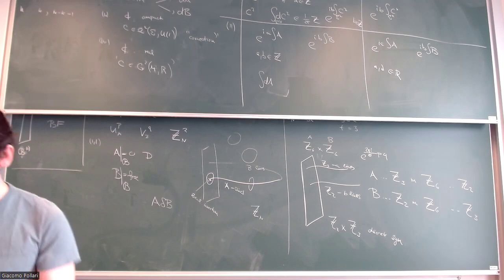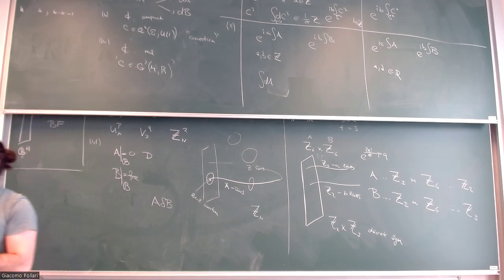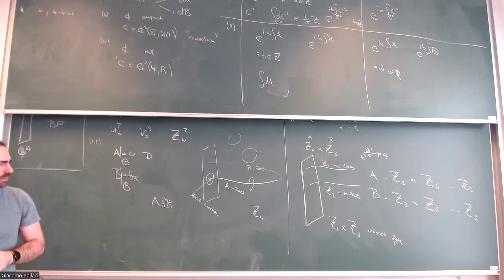So can I ask? Yes. You're talking about linking, the two lines you wrote, but they seem like they're not intersecting at all, right? Do you want one of them to be like a circle around the other that is the whole surface of the boundary? Or maybe I just don't understand the last part.